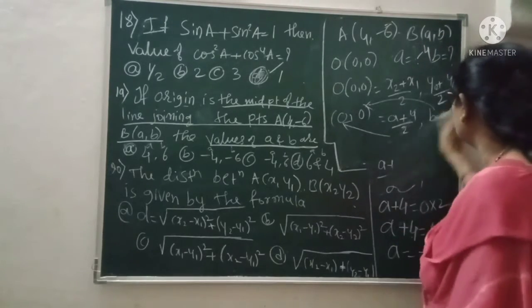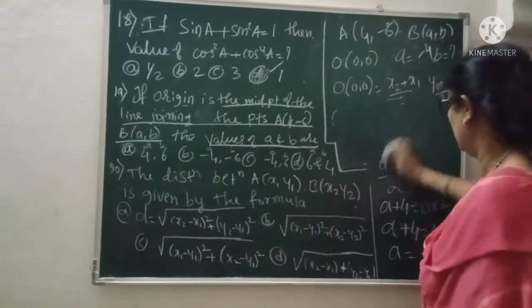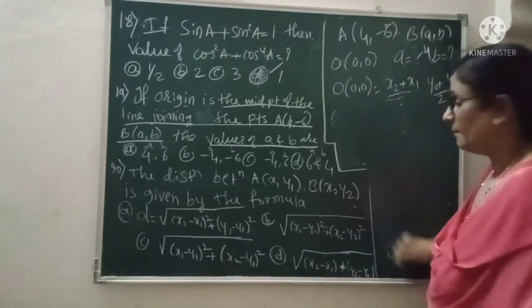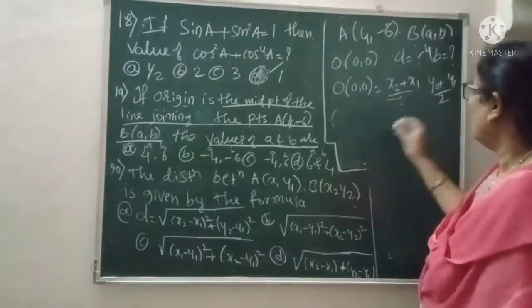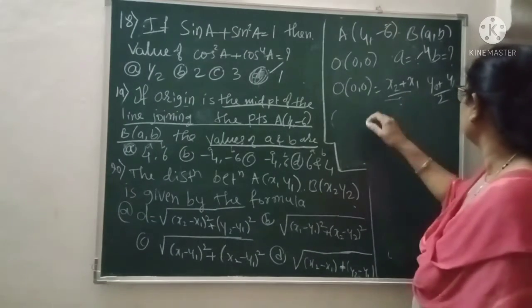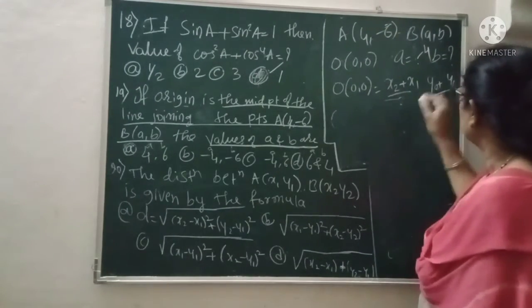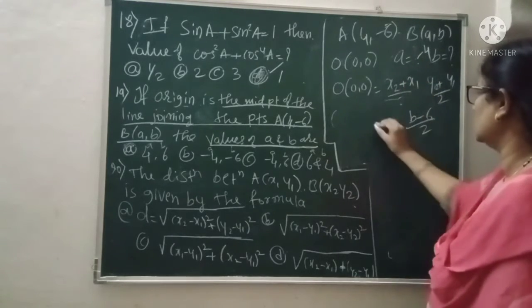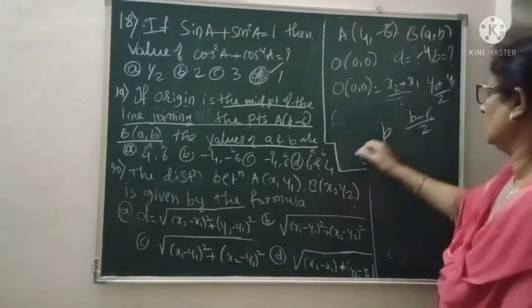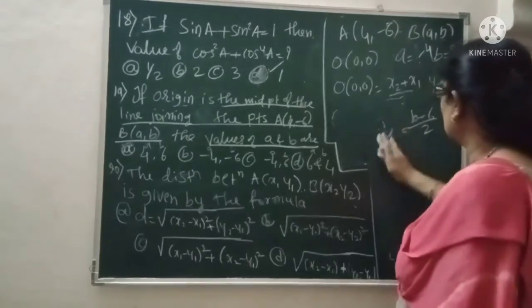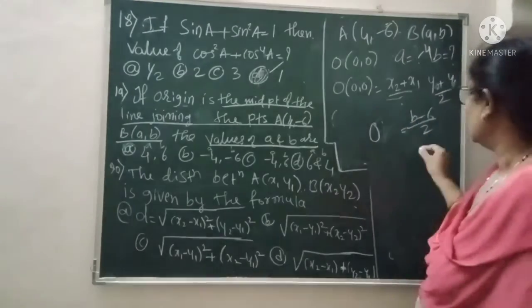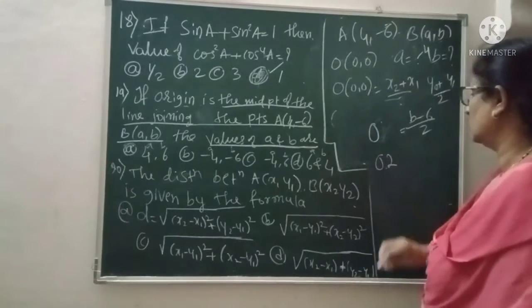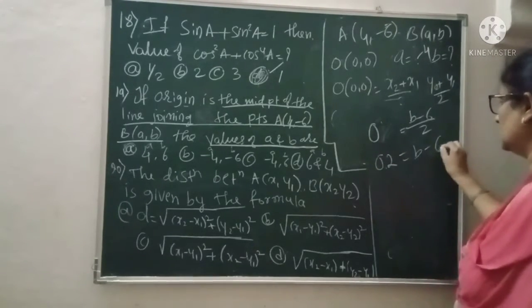The same procedure we go for B, to find the value of B. What do you have for B? That is y2 plus y1, so you have B minus 6 upon 2. This is y2, that is B. And this is also equal to 0. So 0 into 2 is B minus 6.